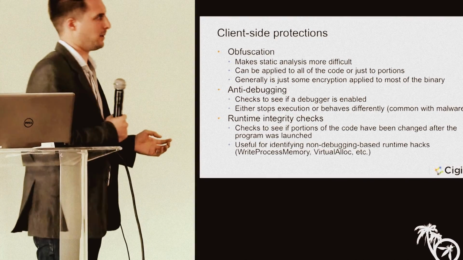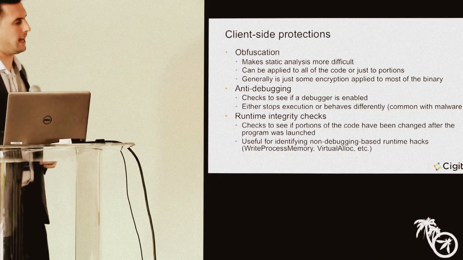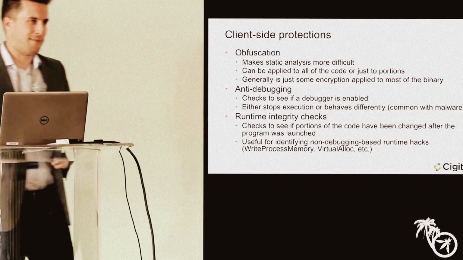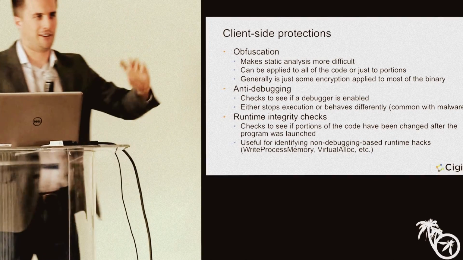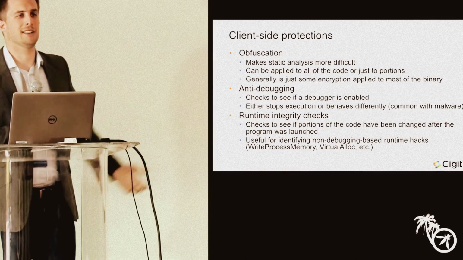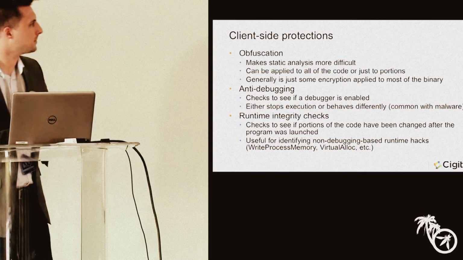So oftentimes people will have to load the game, take a memory snapshot, and then perform analysis off of that. But if you're encrypting portions of the game and then decrypting them when you need to use them and then re-encrypting them, that makes that sort of analysis even more difficult. So there's a lot of those sort of techniques people can use.